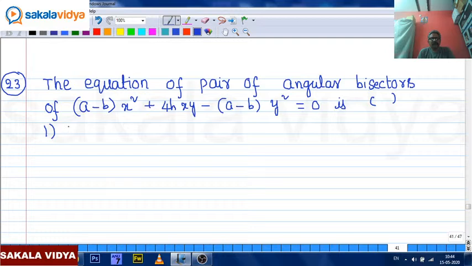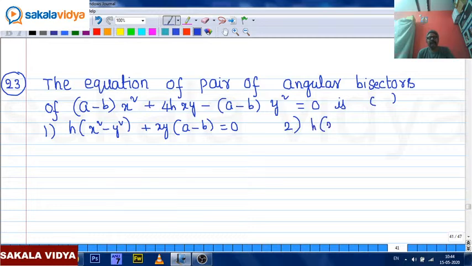First option: h times x square minus y square plus xy times a minus b equals to 0. Second option: h times x square minus y square minus xy times a minus b.